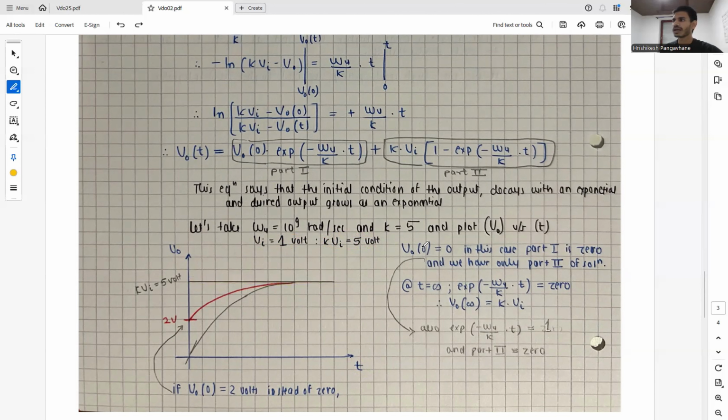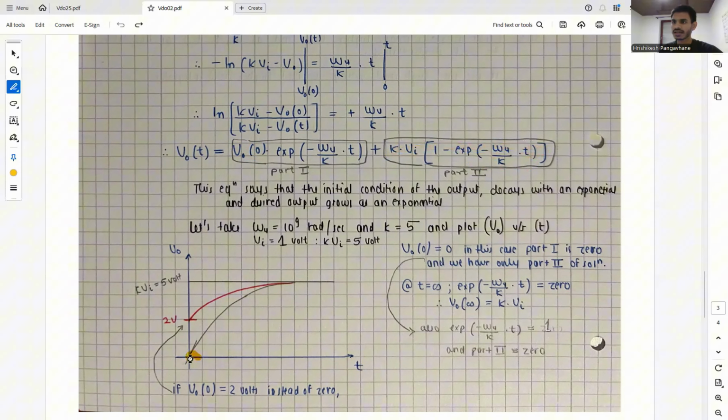Now we know that at t equals 0, v naught becomes 0, as in this case part 1 is 0. How is it 0? Because v naught is 0 at t equals 0, and that's why at t equals 0 we have only part 2, and the exponential value becomes equal to 1, so part 2 also becomes 0.